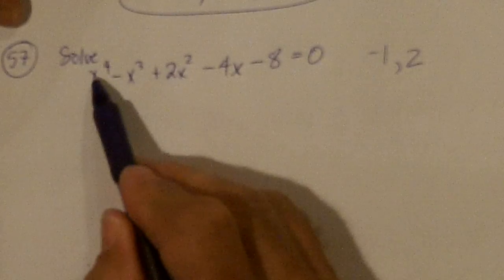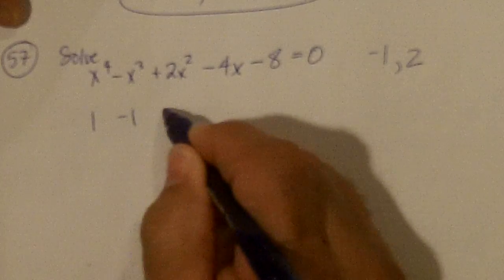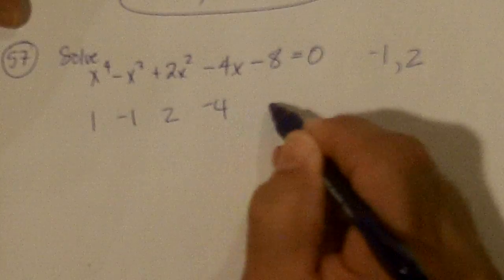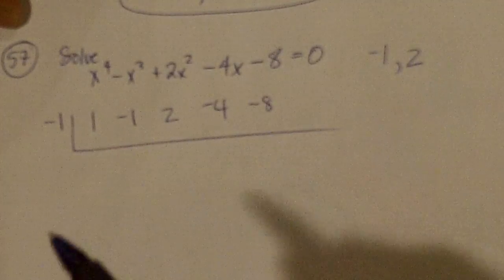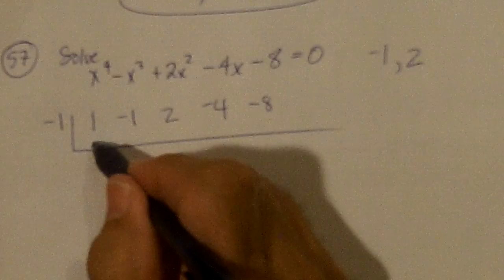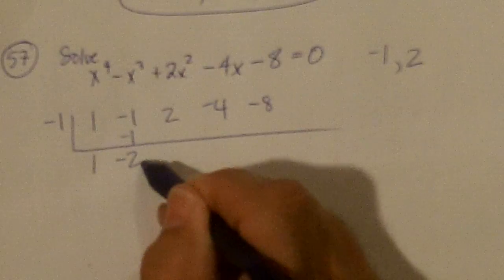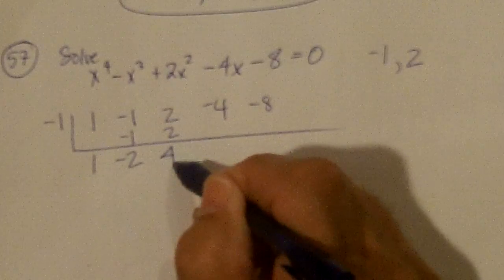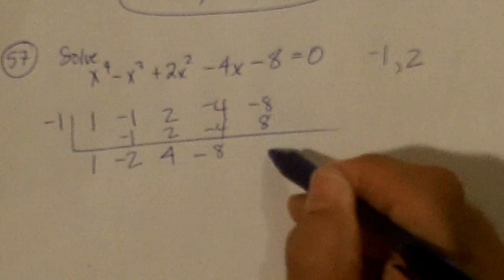So do I have all the powers? 4, 3, 2, 1, 0. So I'm going to write 1, negative 1, 2, negative 4, negative 8. I'm going to try the negative 1 just because it was the first one I wrote there. 1 plus 0 is 1. Negative 1, negative 2, positive 2, 4, negative 8, 8, 0.